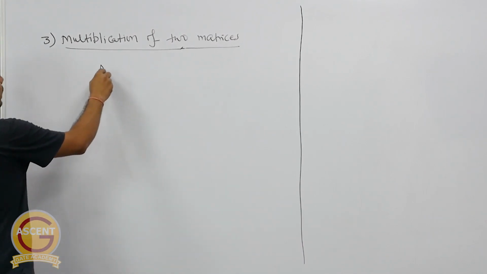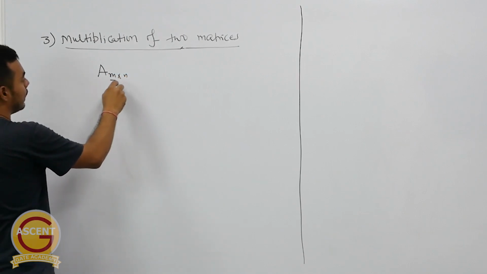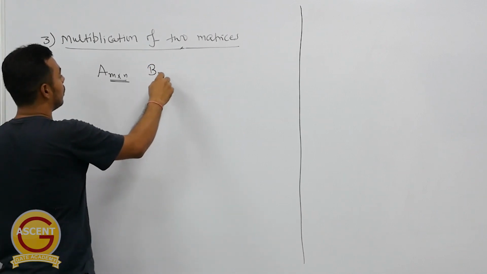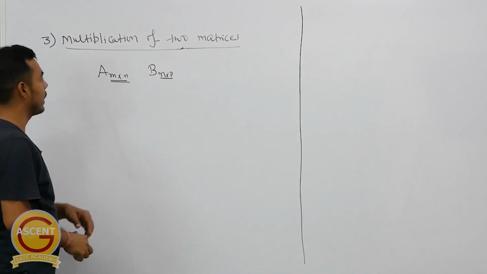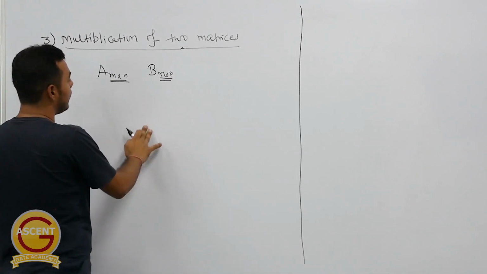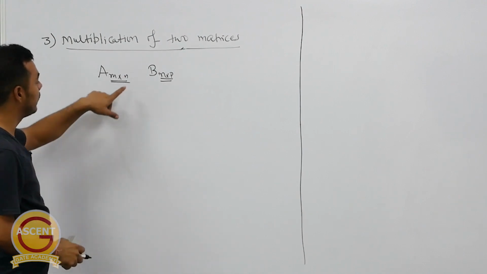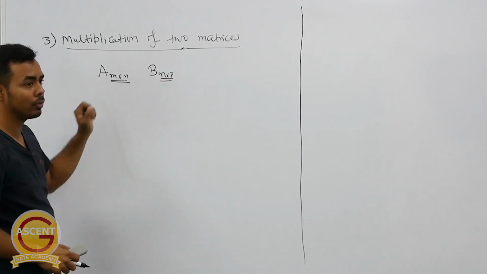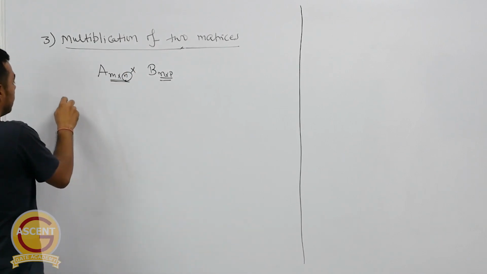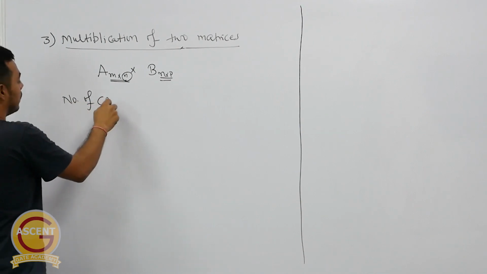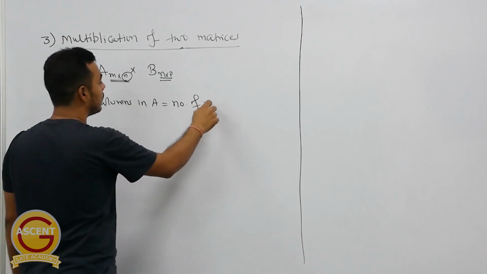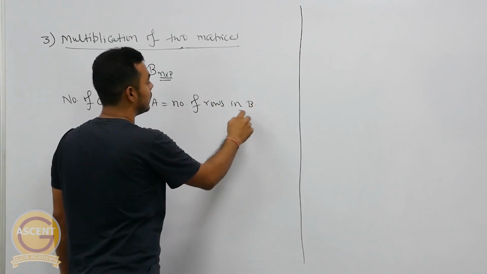Now suppose I have a matrix A whose order is M into N, where M is the number of rows and N is the number of columns, and I have another matrix B whose order is N into P. You can multiply these two matrices A and B only when the number of columns in A is equal to the number of rows in B. So this is the first important point.